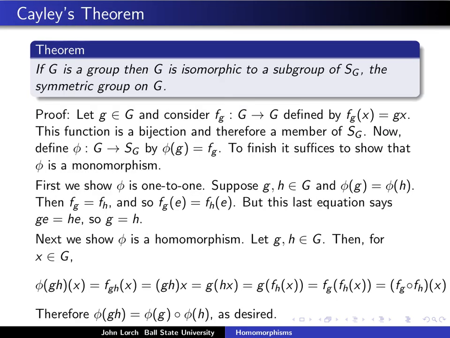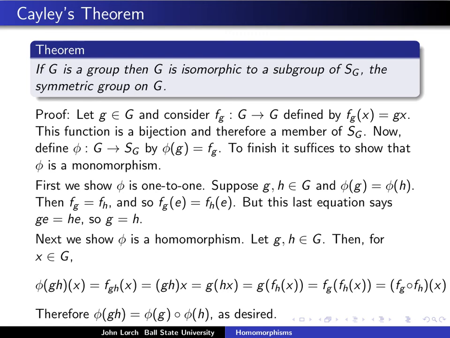We finish our discussion today by talking about Cayley's theorem. This is an important theorem that says that if G is a group, then G is isomorphic to a subgroup of the symmetric group S sub G. So this S sub G is just the collection of bijections from G to itself under the operation of function composition.